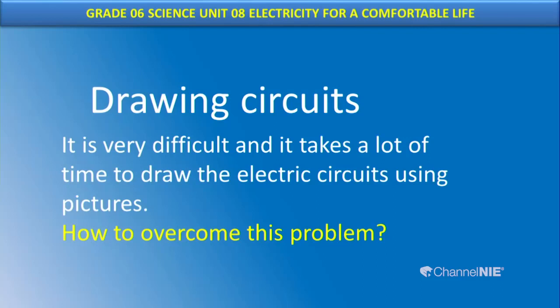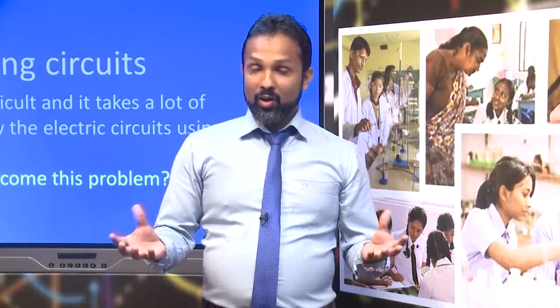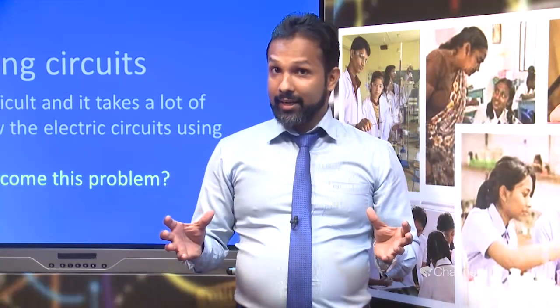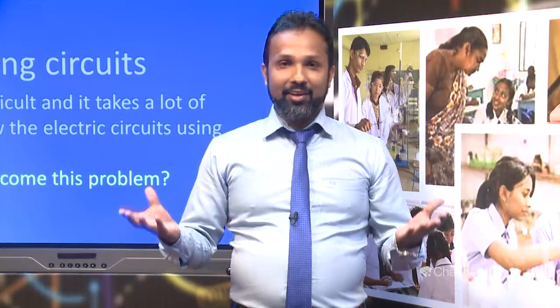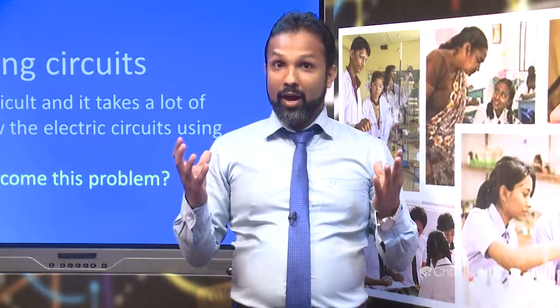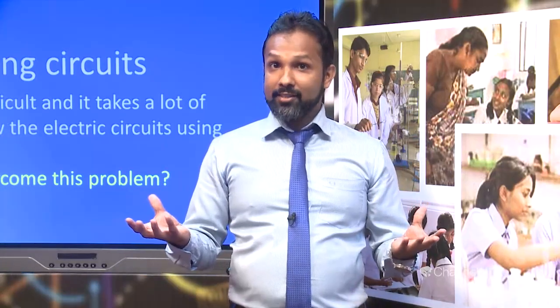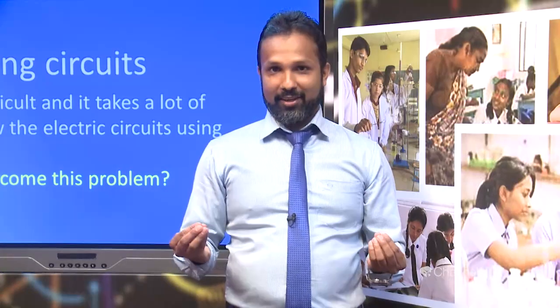Right, my dear children, today we studied how to prepare a circuit and what the electrical accessories are that we use in circuits. I am sure you have a good idea about these accessories and how to prepare a circuit.